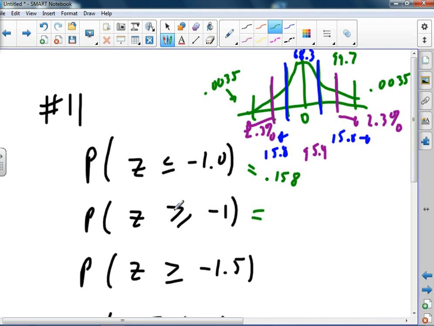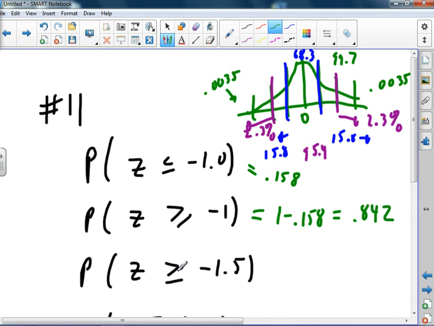If Z is greater than -1, then it's everything that way, so it'd be 1 minus 0.158, which is 0.842.